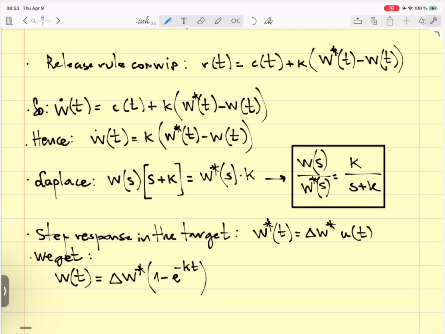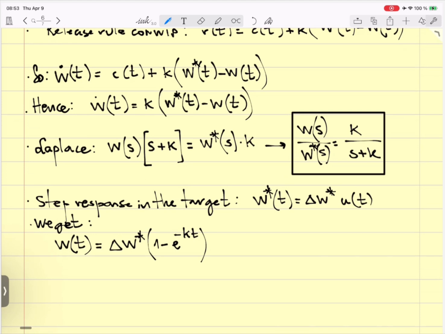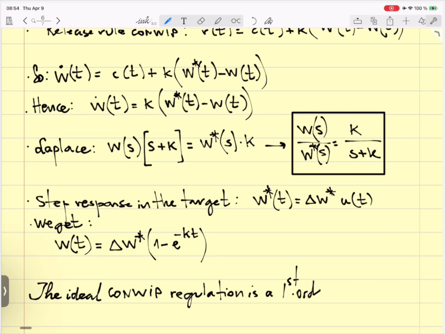Okay. So the ideal CONWIP regulation is a linear first order regulation loop.